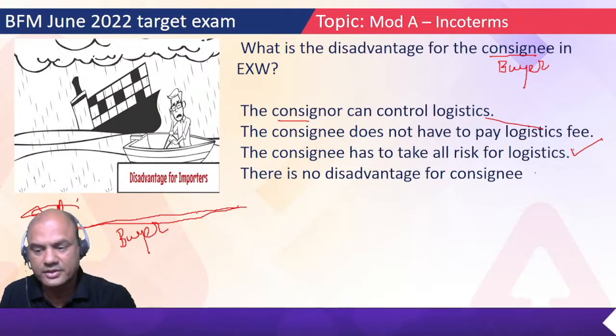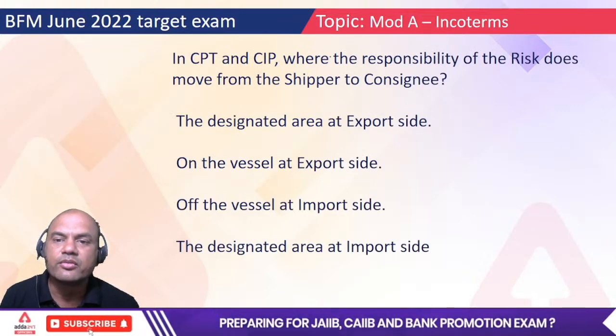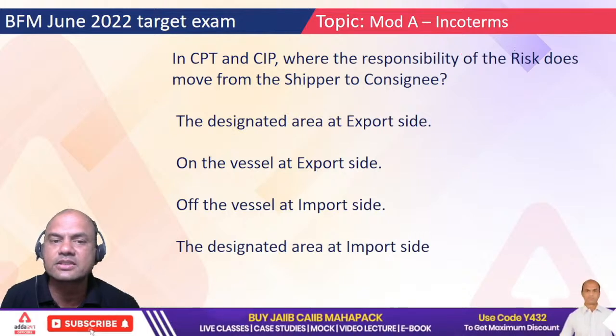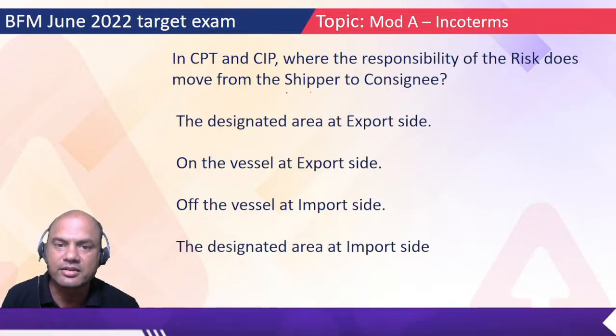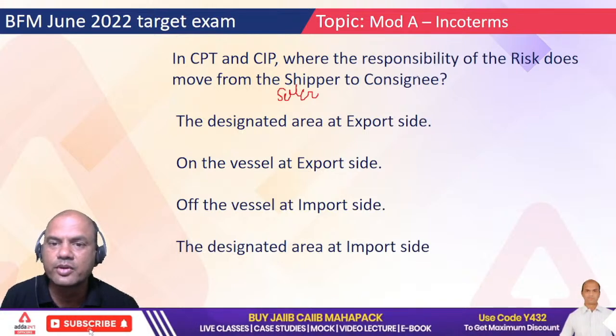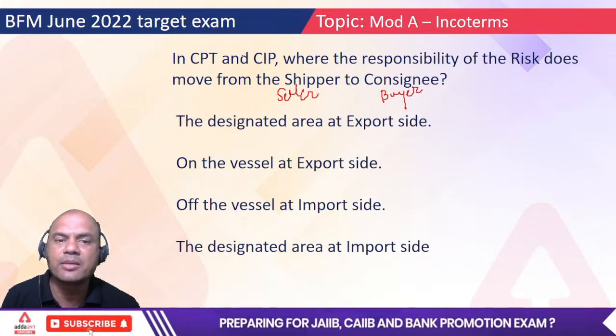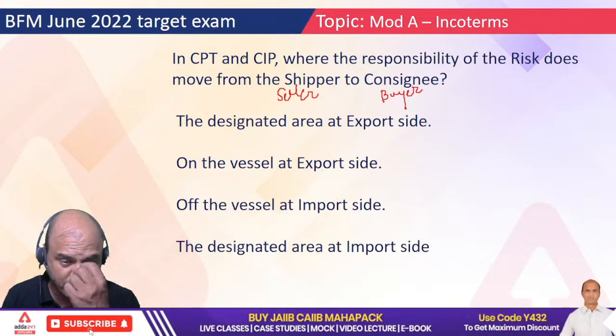Next. In CPT and CIP, where does the responsibility of the risk move from shipper to consignee? Shipper means seller, and consignee means buyer. CPT and CIP are used generally for truck, other than sea.